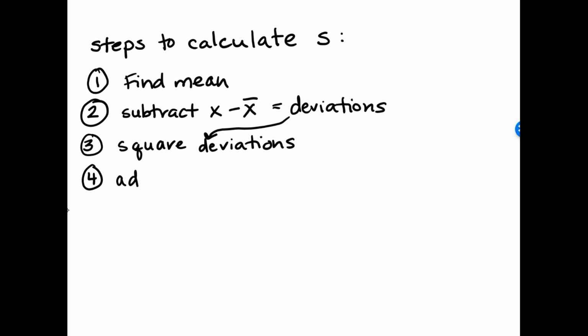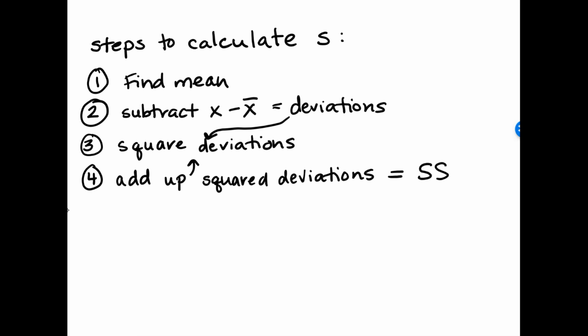Next, add up all of our squared deviations. Add up everything from step 3. This gives us our sum of squares, because we summed all of our squares. Step number 5, we want to divide by n minus 1 to get us the variance.